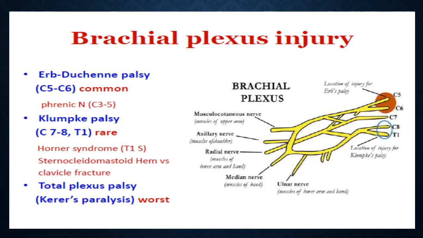Klumpke palsy, if the injury is lower in cervical 7, 8, and thoracic 1, but it's less common than the Erb-Duchenne. In Klumpke palsy, sometimes Horner syndrome is associated, and sternomastoid hematoma or clavicle fracture leads to that injury. The worst type, but less common, fortunately, is the total plexus palsy, called Kerer's paralysis.